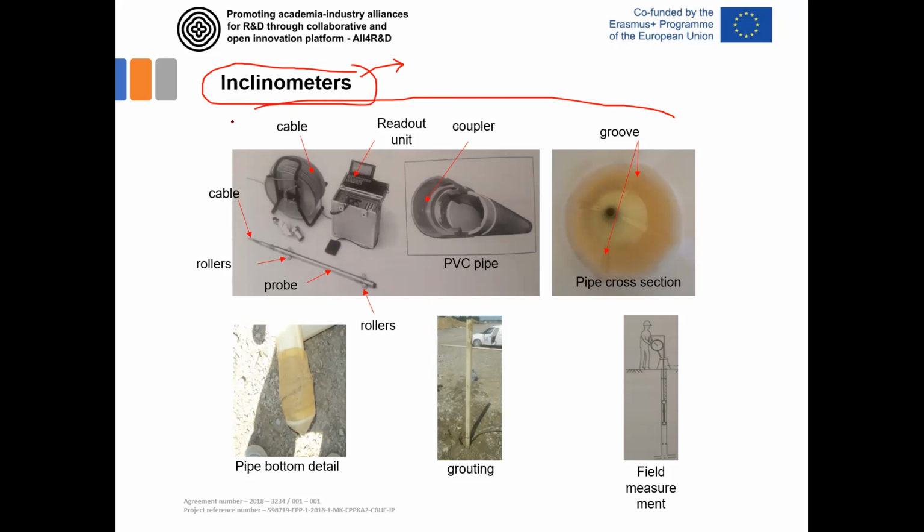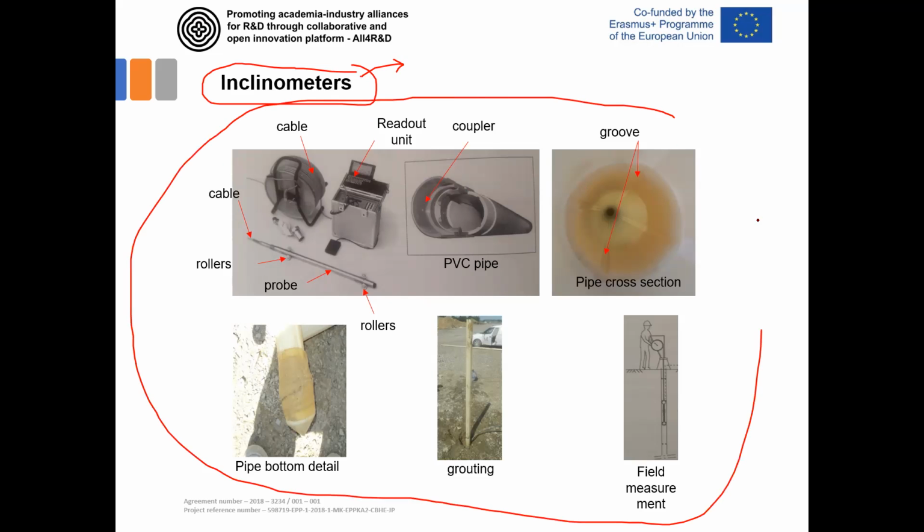Here are shown some main elements of this instrument called an inclinometer. The most important part is this probe, the inclinometer probe, that is connected by cable with this readout unit.